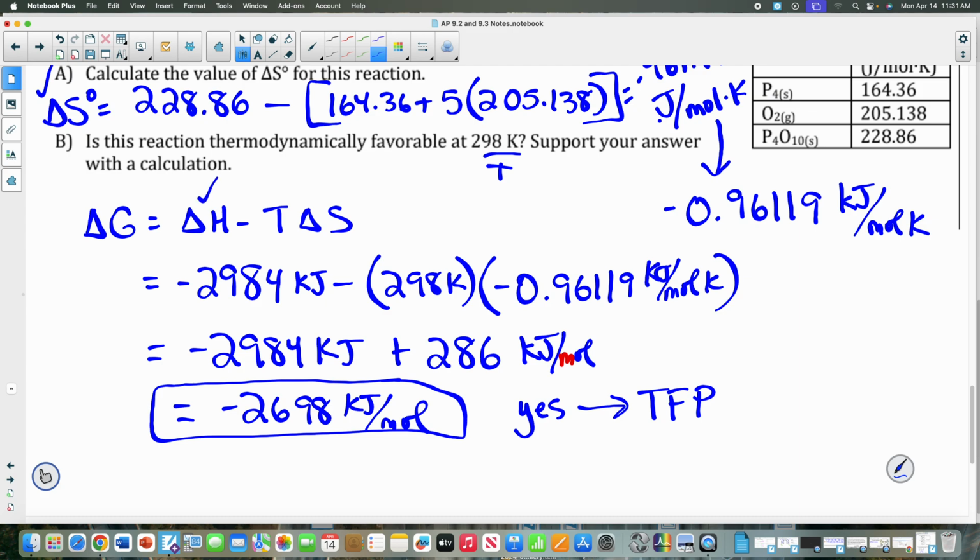But we had a negative value for delta S, which would normally be a thumbs down, right? But because that 298K kept, how to explain?